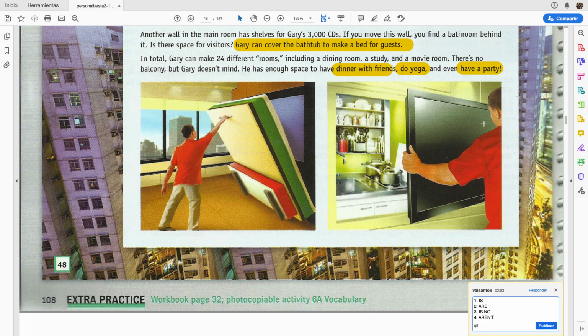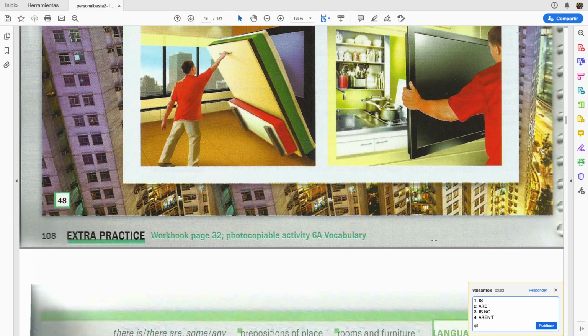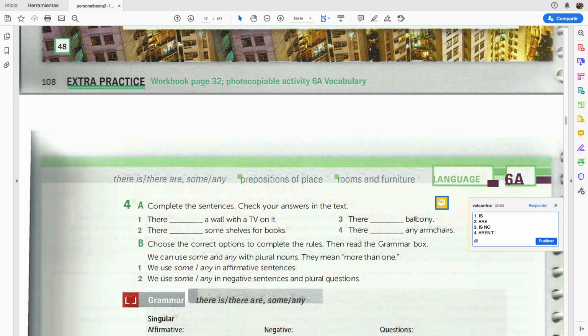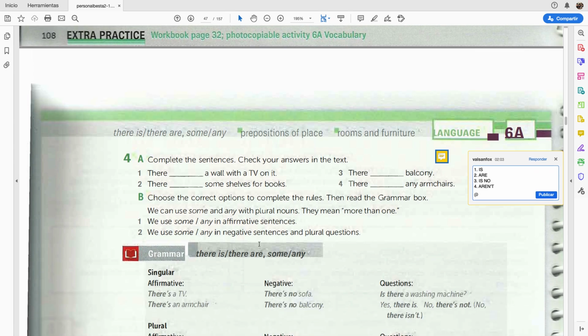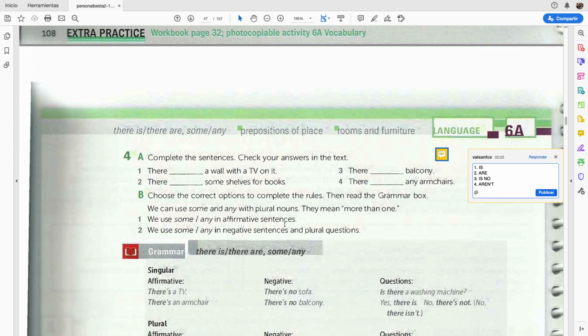In Gary's apartment, there is a kitchen. There isn't a balcony, or there's no balcony, and there aren't any chairs. So when we use those expressions, we say that something exists, that something is there, or that something is not there or does not exist.